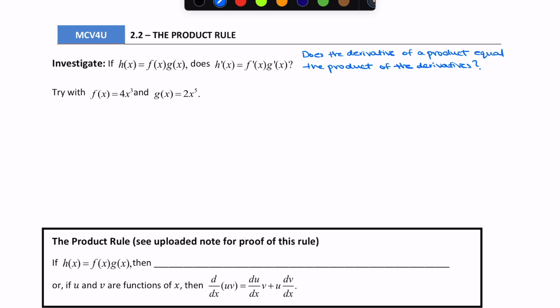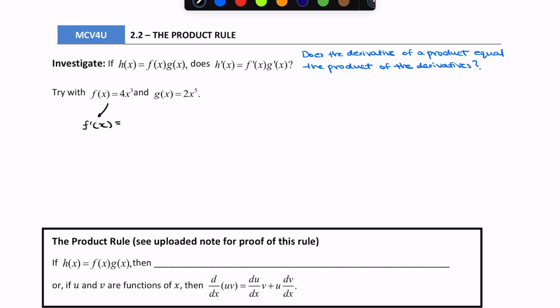So in this example, we have f of x is equal to 4x cubed, and we have g of x is equal to 2x to the power of 5. Remember in our lesson on derivatives, f prime of x: we bring the power down.